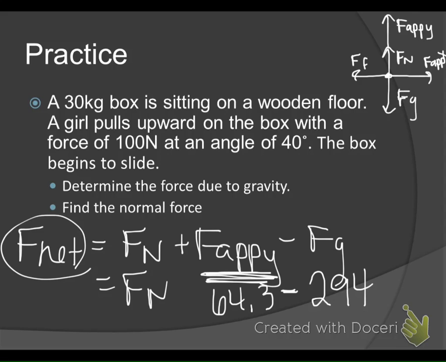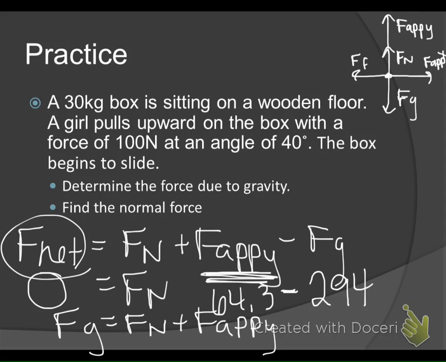What's the net force in the vertical direction? Is it moving at all vertically? No. Because it's just sliding. Okay, it hasn't come off the table at all. It's just sliding. So that means this net is 0. So we can move gravity over to the other side to have F sub g equal the normal force plus the applied force in the y direction.